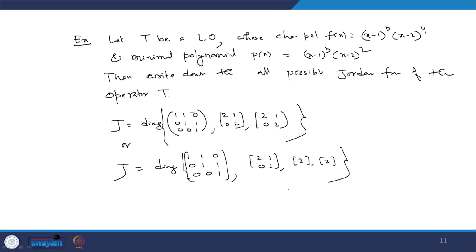So, I have only 2 possibilities here, but friends, if it is given that the geometric multiplicity of eigenvalue lambda equal to 2 is exactly 2, then I will have only the first option. If it is 3, then I will go for the third option. Is it possible to have geometric multiplicity of eigenvalue lambda equal to 2 as 4? No, otherwise the minimal polynomial would be (x minus 1) cubed times (x minus 2).